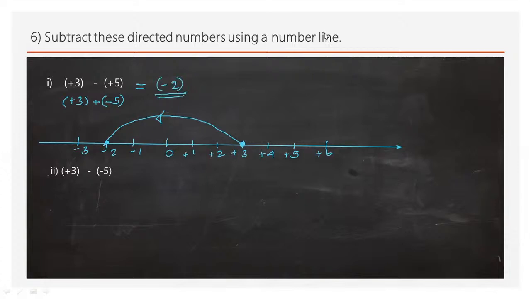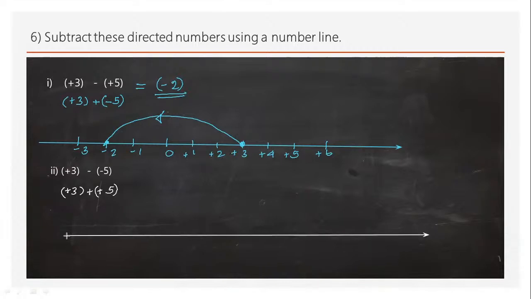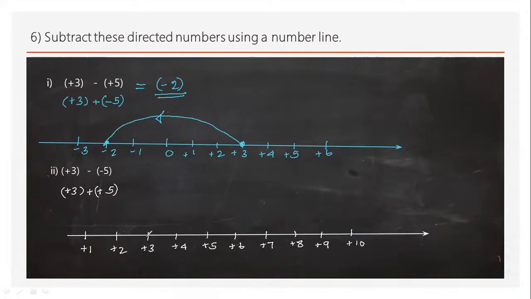We'll do the next question. Here also it is easy for you. Instead of writing negative, plus 3, change the sign to positive and write the additive inverse, plus 5. Now draw the number line. Positive 3.